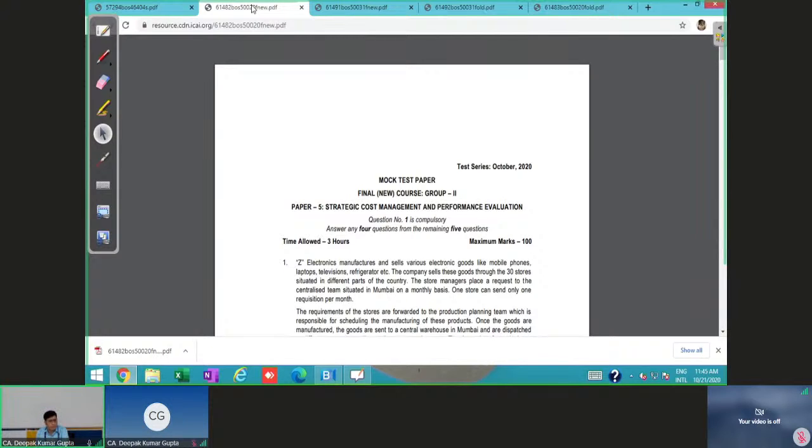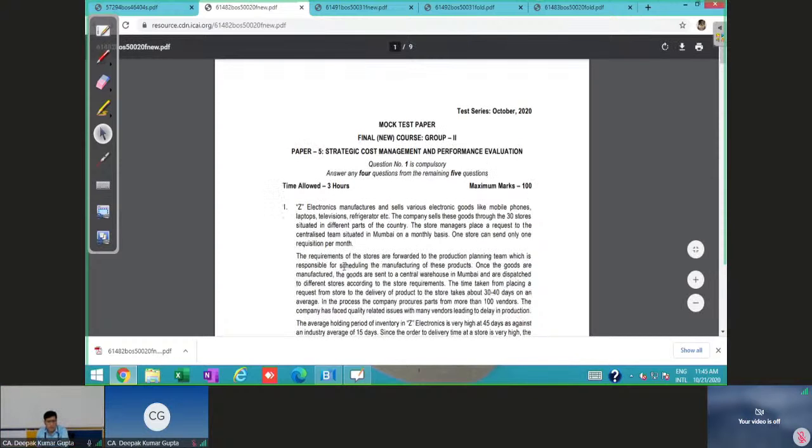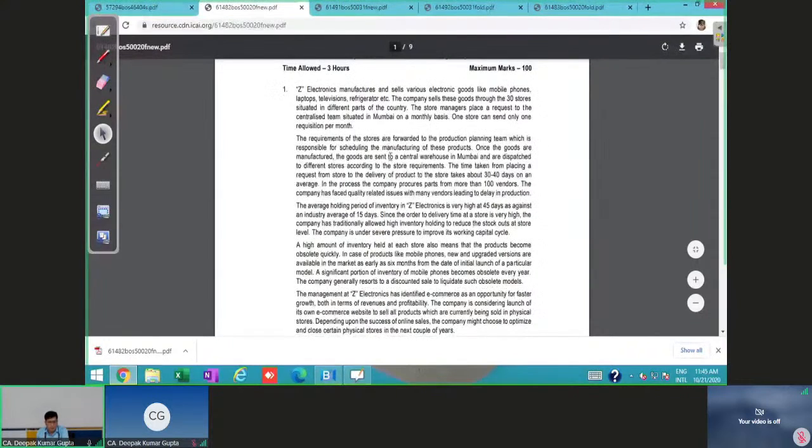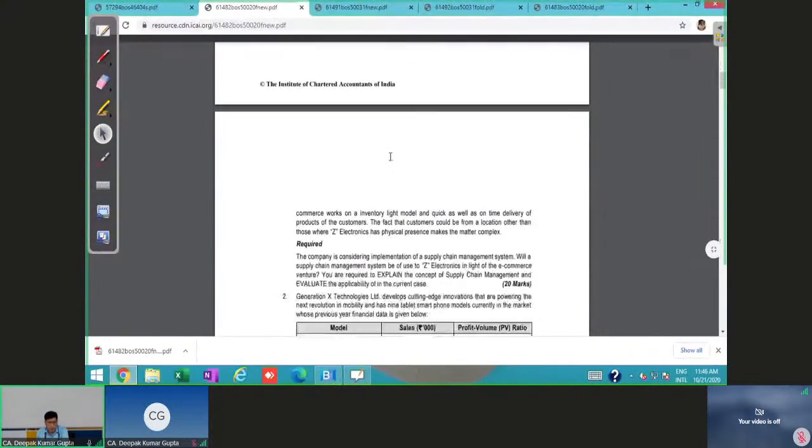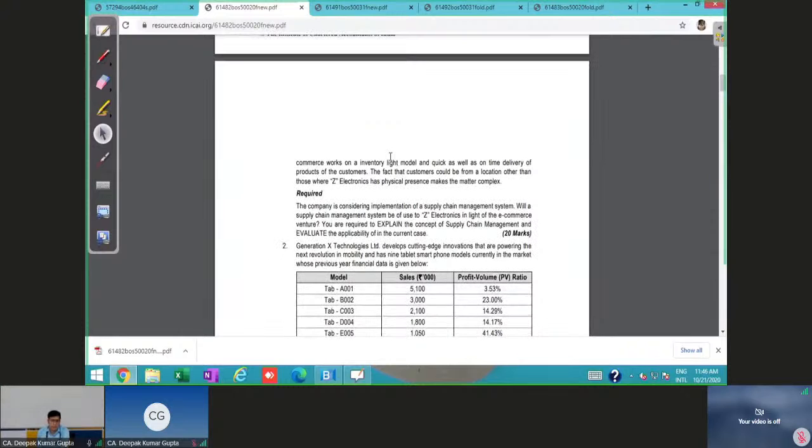For example, in this particular mock, here the case study is based on the concept of supply chain management. It is required that the company is considering implementation of a supply chain management system.